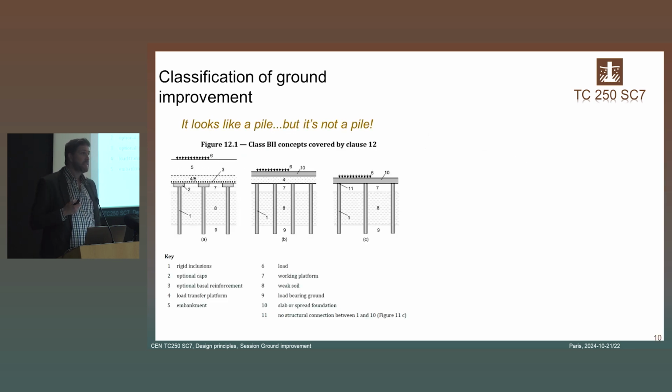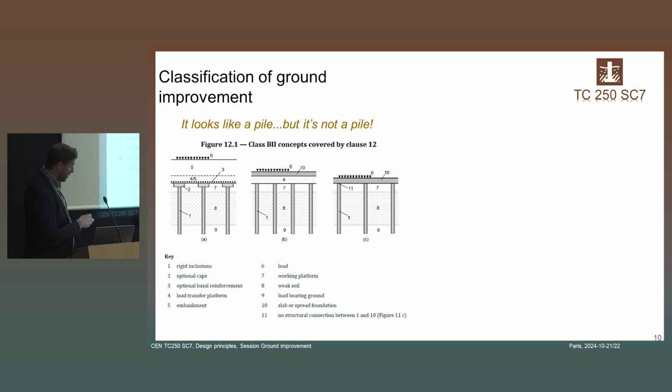Thus, this is the basics of this ground improvement chapter, the use of different classes for the design of ground improvement. Another important concept is the differentiation between piles and rigid inclusions. It looks indeed like a pile, but it's not a pile.